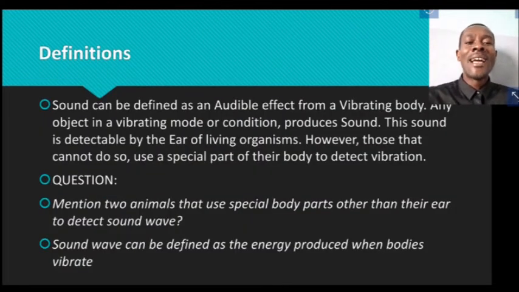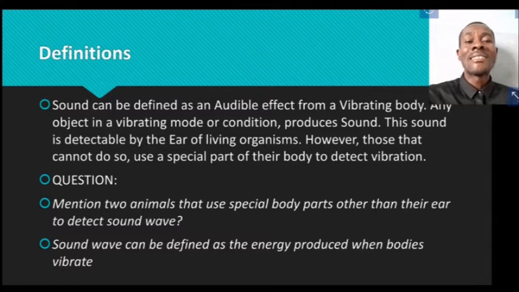Now, let's define sound. What is sound? Sound can be defined as an audible effect from a vibrating body. It can be defined as an audible effect, something that can be detected in form of sound from a vibrating body.